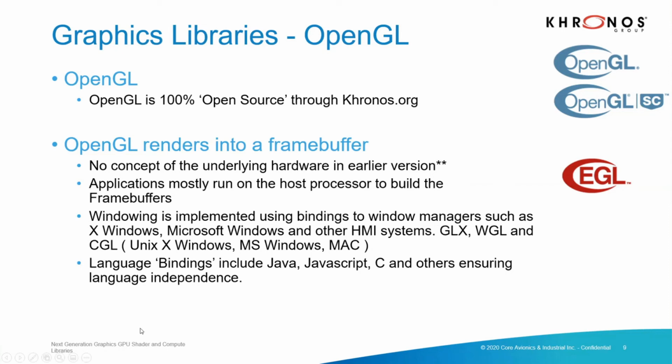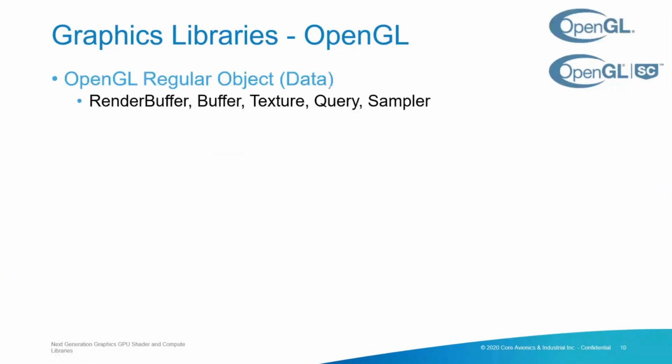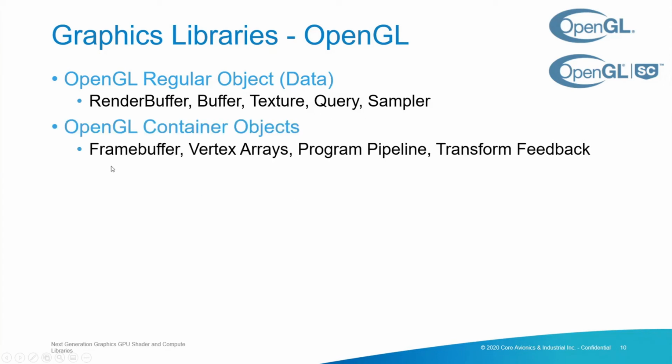So OpenGL became very popular because it included bindings for the popular languages such as Java, JavaScript, and C. So it ensured language independence. So the OpenGL library consists of a number of regular objects or data objects, such as a render buffer, different types of buffers, textures, queries, and samplers, as well as container objects, such as frame buffer, which is the end result before display to a display unit.